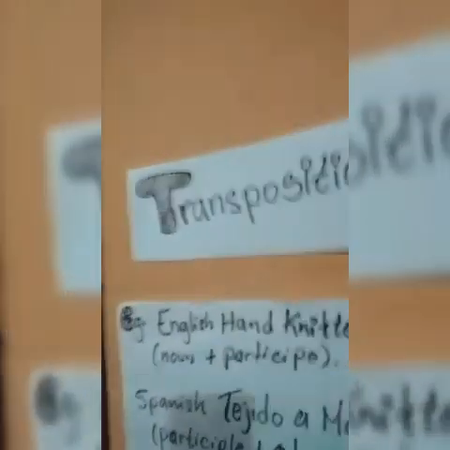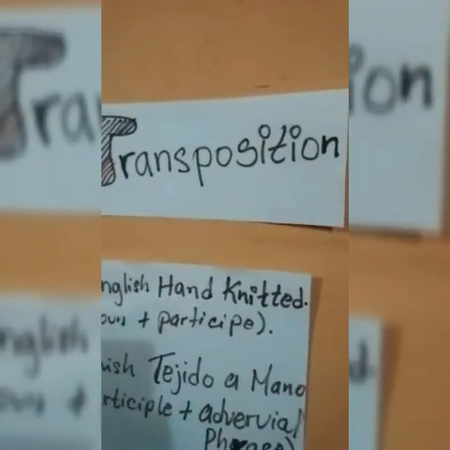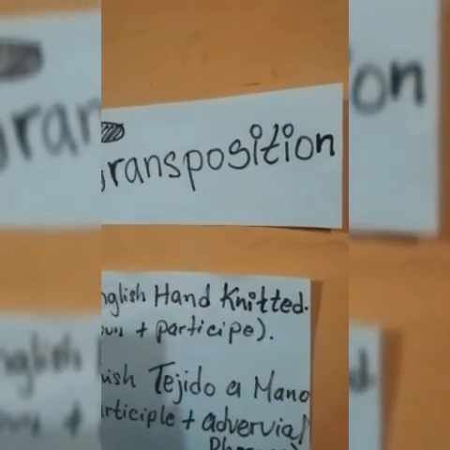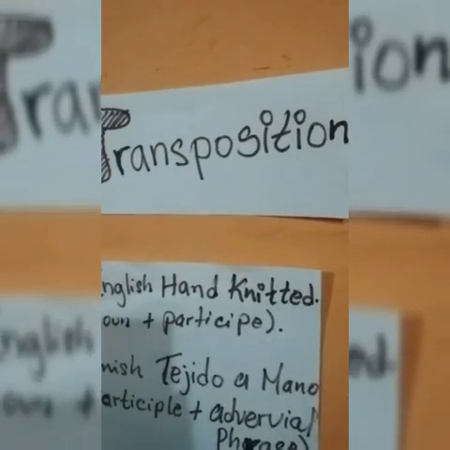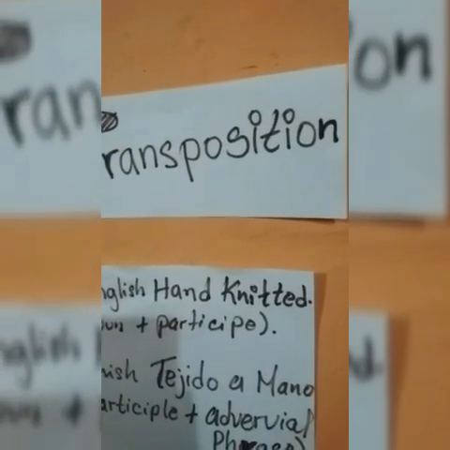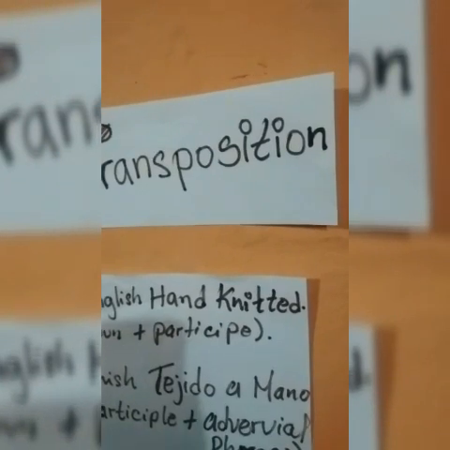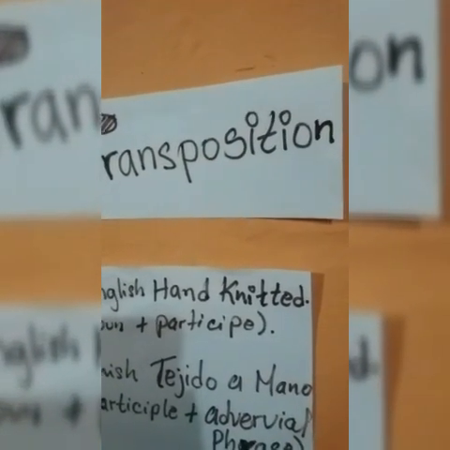The methods include transposition. Transposition is the process where parts of speech change their sequence when they are translated.